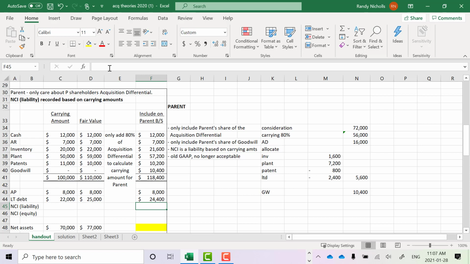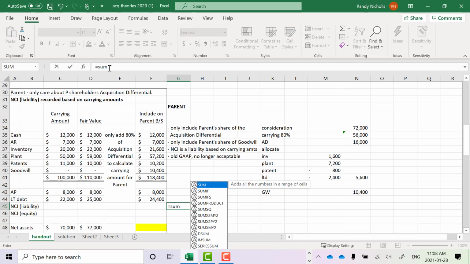I have NCI here. What is the NCI? Well, it's 20% of the carrying value. So if we look at the carrying amount of the sub, it's equal to my assets minus my liabilities.